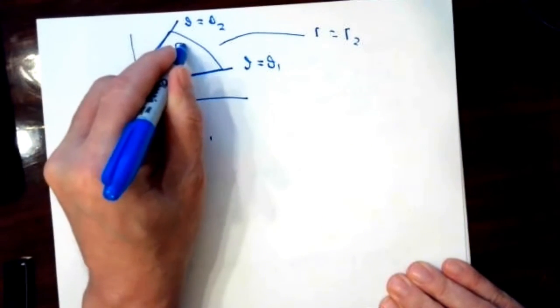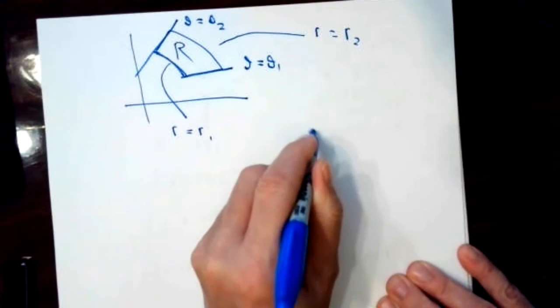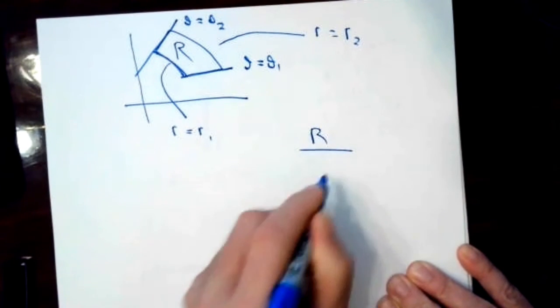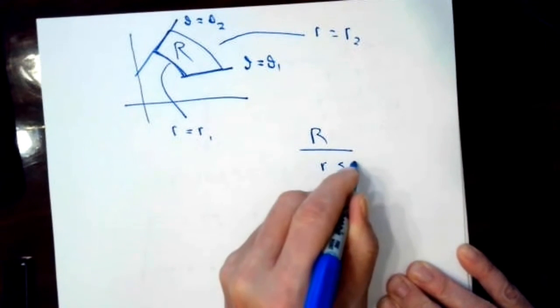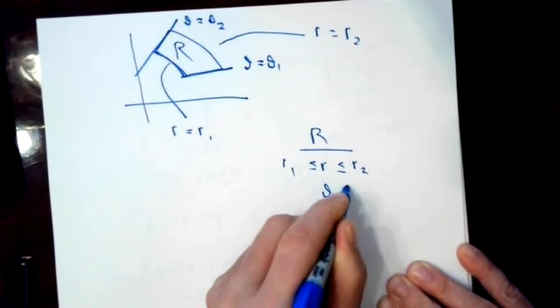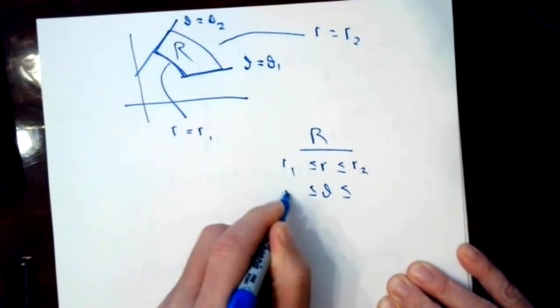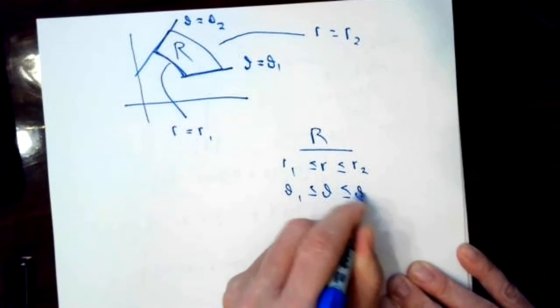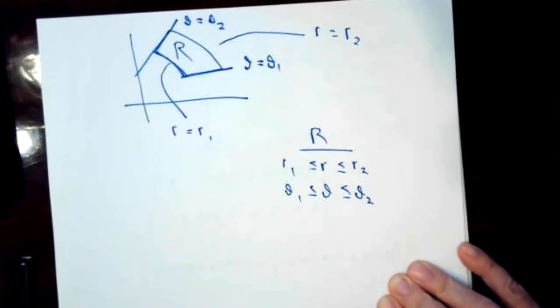This is going to be region capital R. Capital R is described this way: r is less than or equal to r2 but bigger than or equal to r1, and theta is bigger than or equal to theta 1 and smaller than or equal to theta 2. Some people call this a polar rectangle.